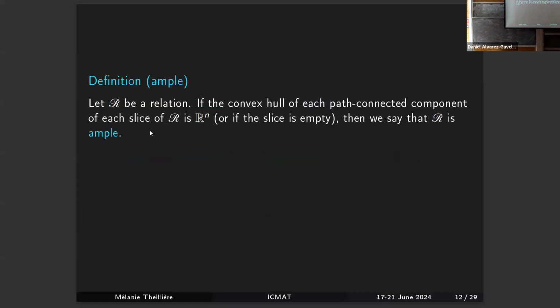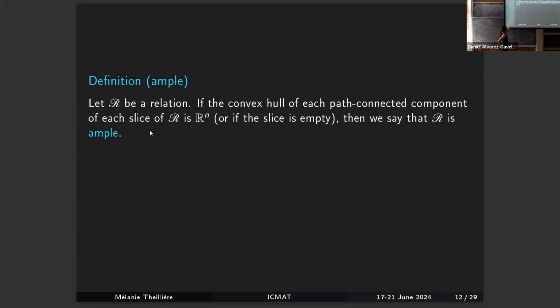In the iteration process, we need each time to be sure we are in the convex hull. And usually, in convex integration, to be sure of this, we ask this property on the partial differential relation.